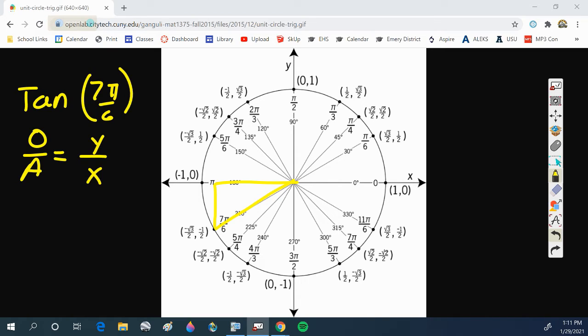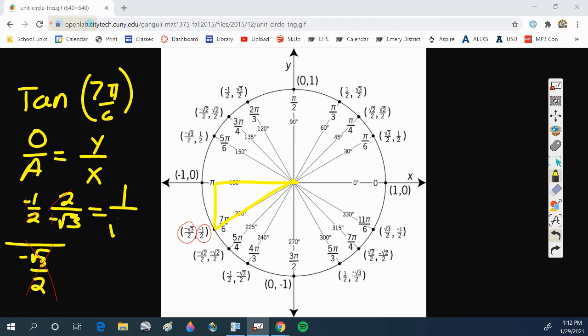So we're going to take the y value, negative 1/2, and we're going to divide it by the x value, negative root 3 over 2. How do you divide two fractions? Just flip and times it. So the bottom one gets flipped upside down, 2 over negative root 3. The negatives cancel, the 2's cancel, and I get 1 over root 3.